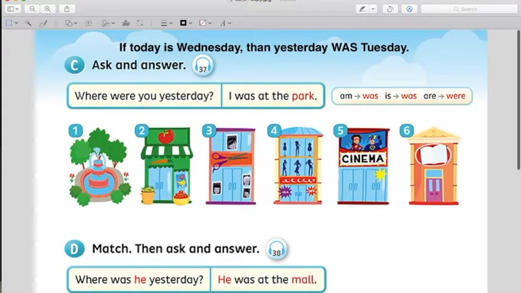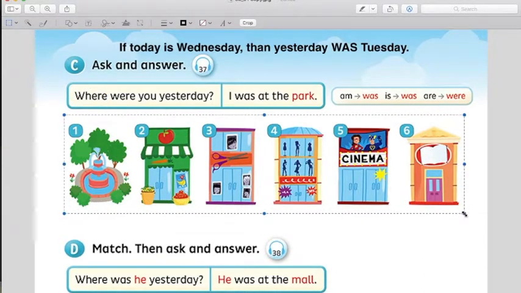The word where is describing a place. Whenever somebody asks where at the beginning of the question, that's when you know they want to know a place. And these are our different places that we're going to talk about. So where were you yesterday? I was at the park.